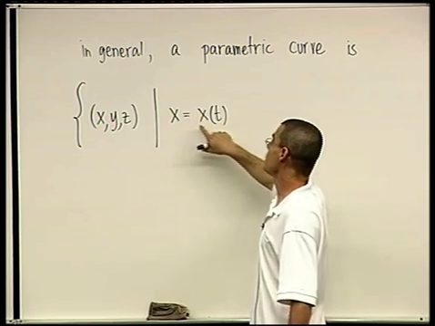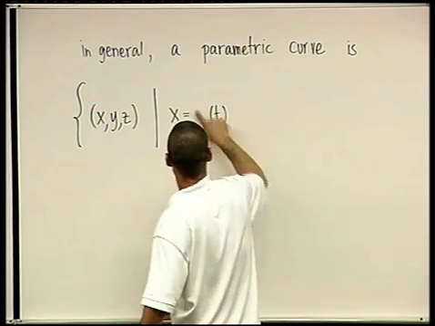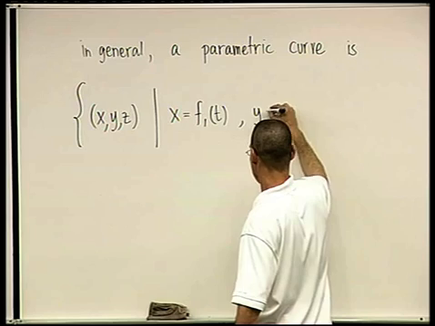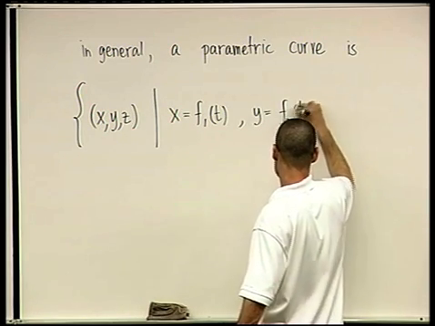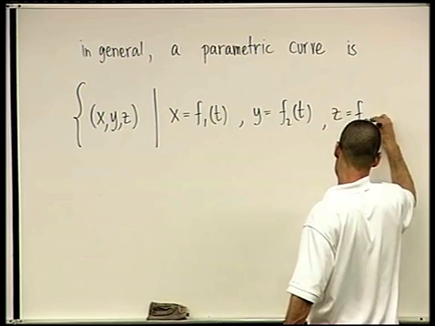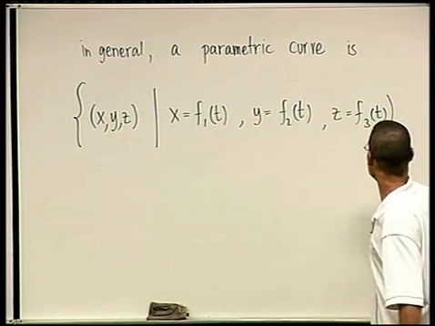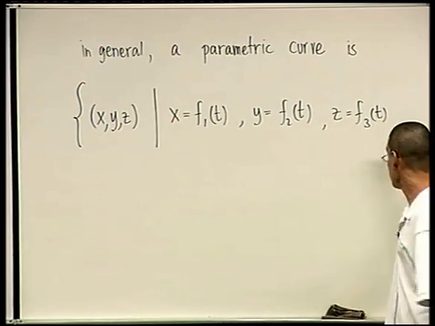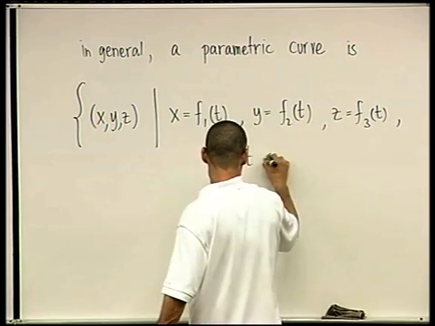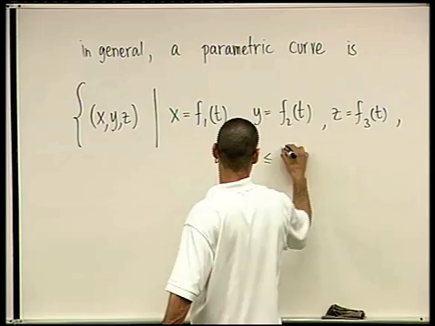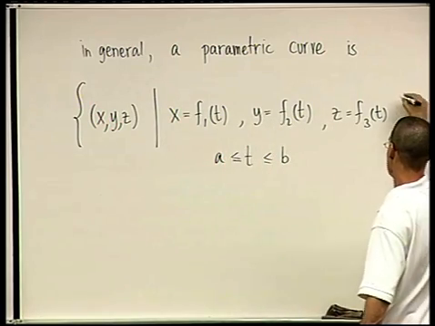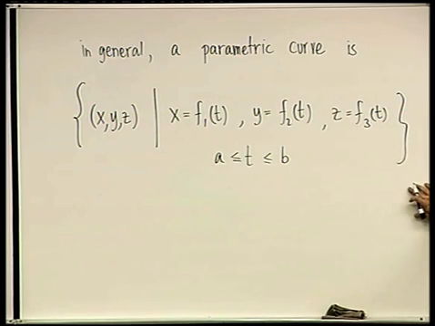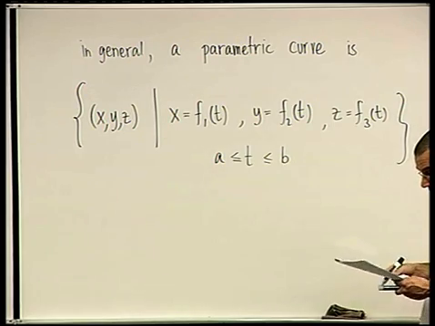If you want, you can write x equals f1 of t. x is f1 of t, y is f2 of t, and z is f3 of t. So each component is given by some function of the parameter, and t itself ranges between some a and b, which are allowed to be infinity or minus infinity. So that's the general form of a parametric curve.